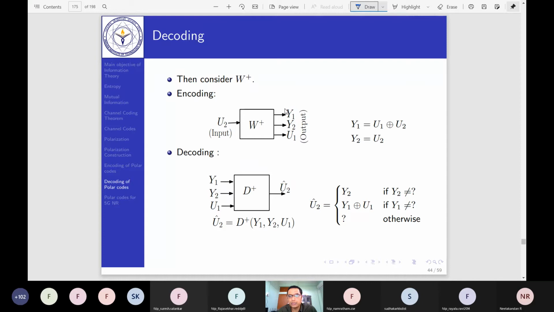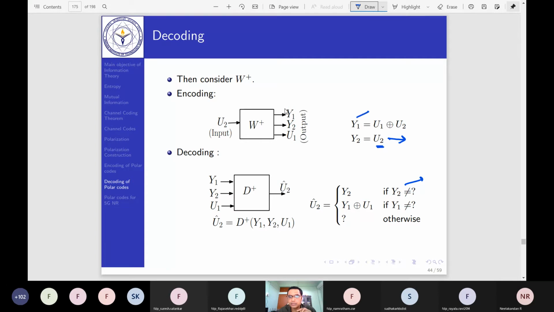From the table you can find out, if Y2 is not erased, we already have U2 because Y2 is exactly equal to U2. So U2 hat will be equal to Y2.